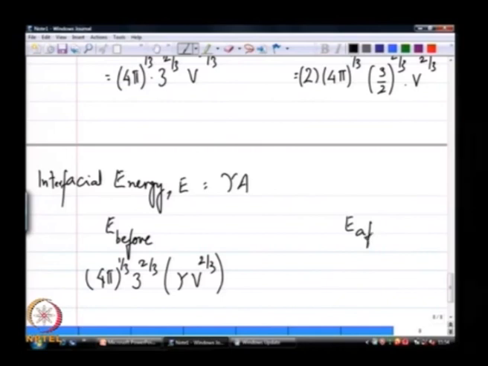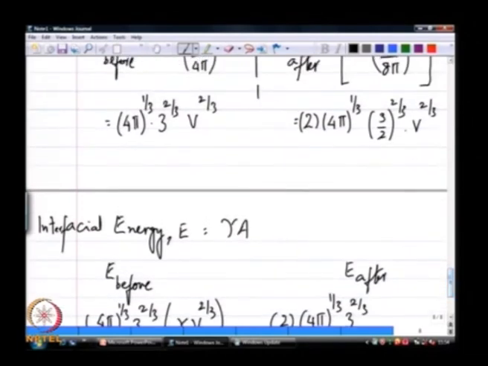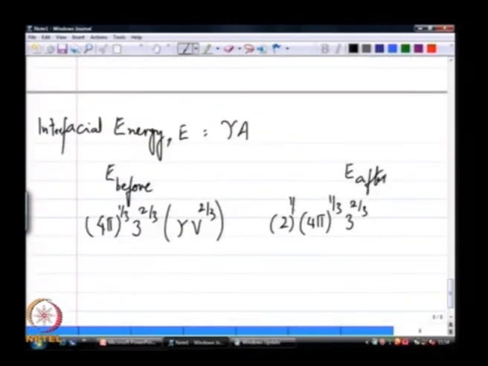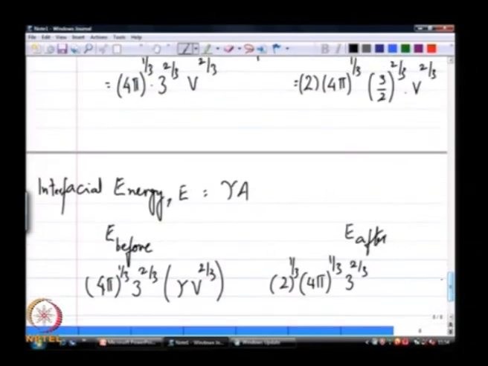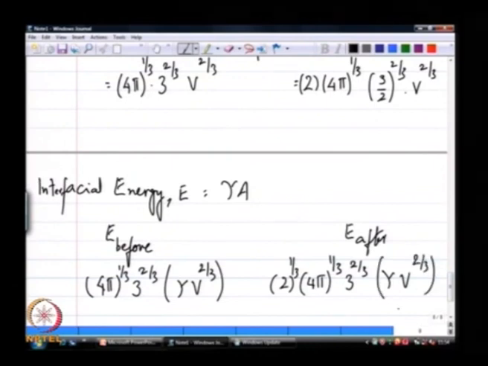E after is 2 times 4 pi raised to the power 1/3, 3 raised to the power 2/3, except I want to absorb this 2 raised to the power 2/3 in the denominator as 2 raised to the power 1/3 up here, times the same gamma V raised to the power 2/3. The only difference between these two is I have a factor 1 here and I have a factor 2 raised to the power 1/3 here.